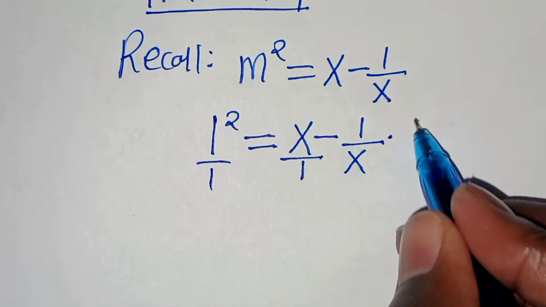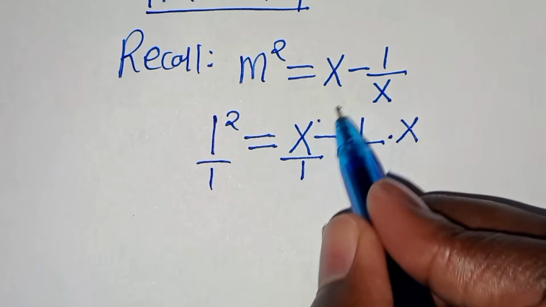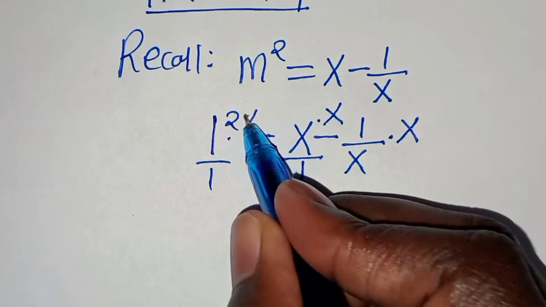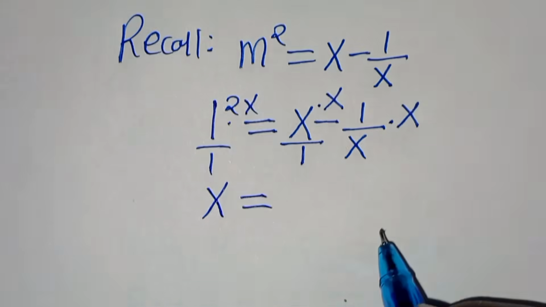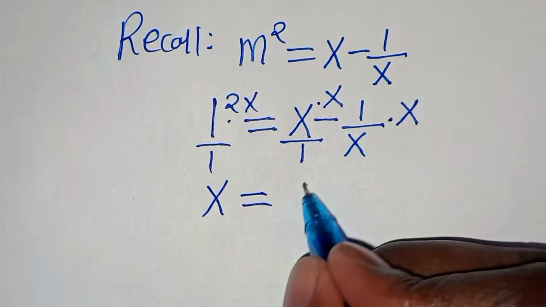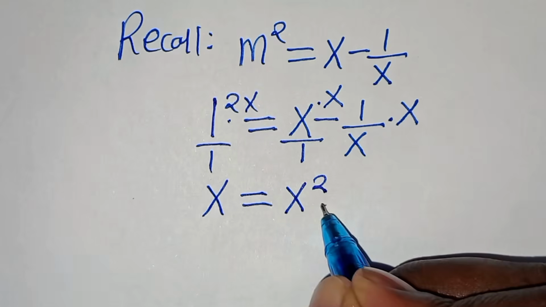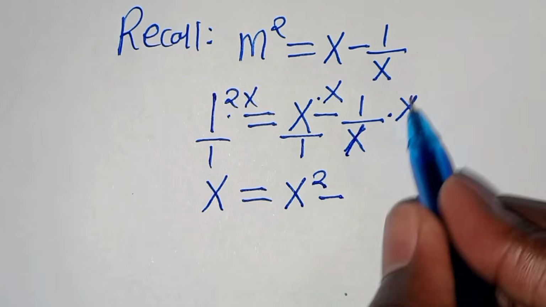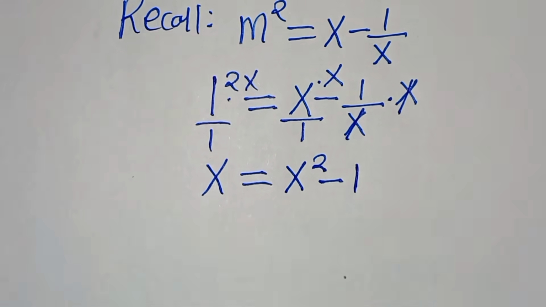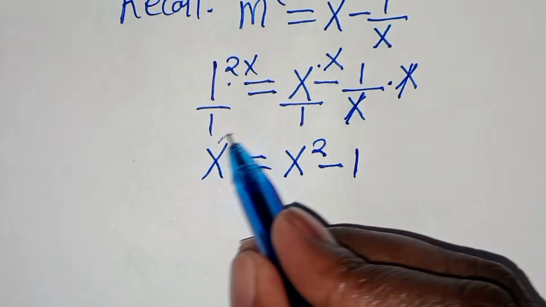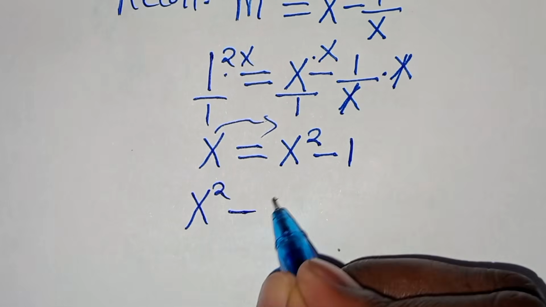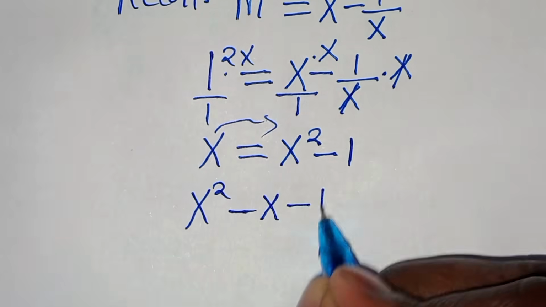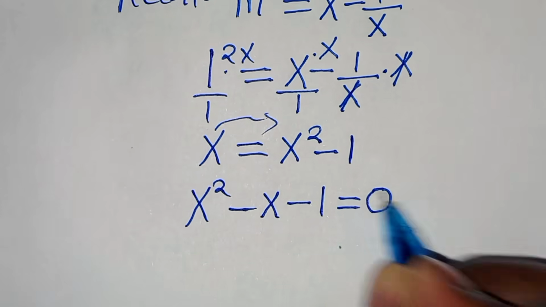Let's multiply everything here by x and also here by x. 1 times x is x, which is equal to x times x, which is x to the power of 2, then subtract x, and x simplifies, so this is subtract 1. Let's take x to the right-hand side. So we have x squared minus x minus 1 equal to 0.